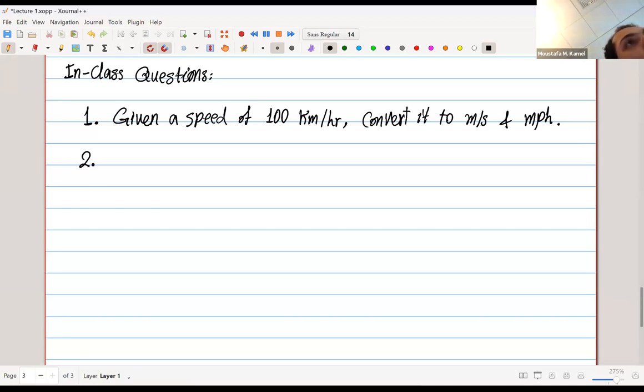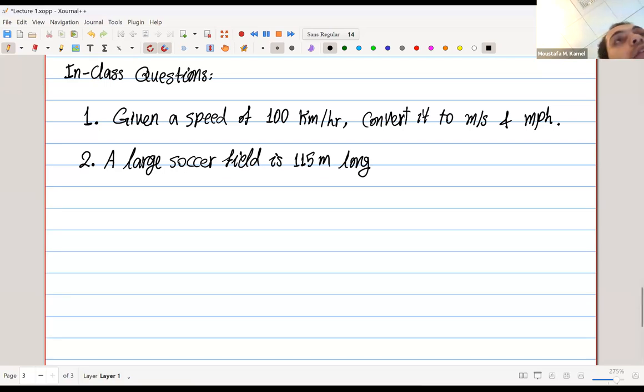Question 2. A large soccer field is 115 meters long and 85 meters wide.